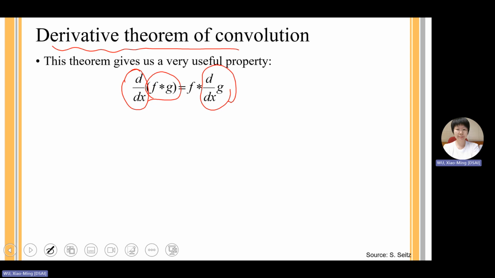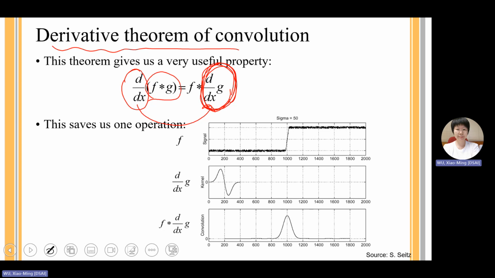Meaning we can take the derivative of Gaussian first and then do the convolution. This is given by the derivative theorem of convolution.